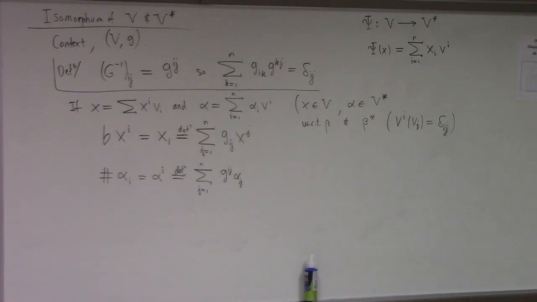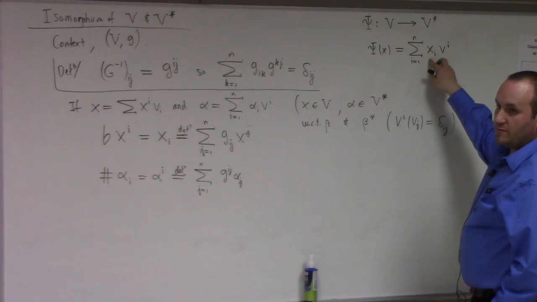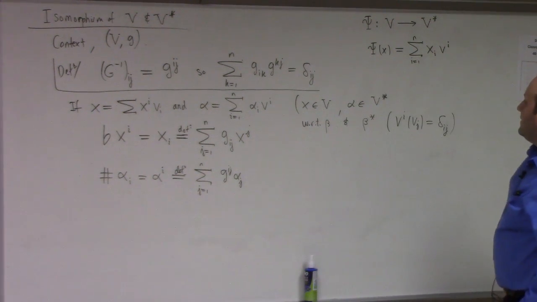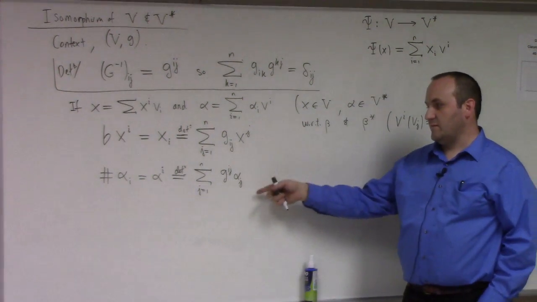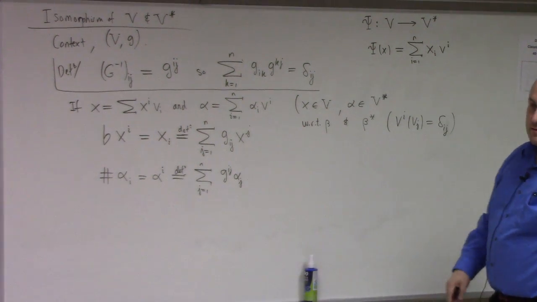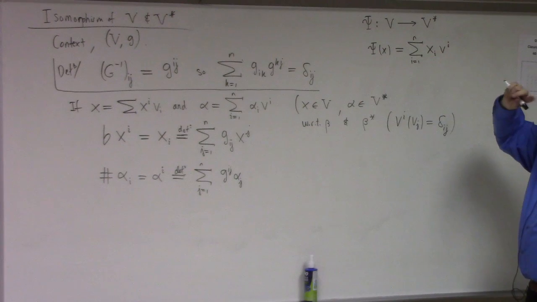Because I'm trading a vector for a dual vector. Remember that these v upper i's are in the dual basis. Is this linear? You can easily see that the sharp and the flat mappings are linear if you study those, and so this is also linear by consequence.